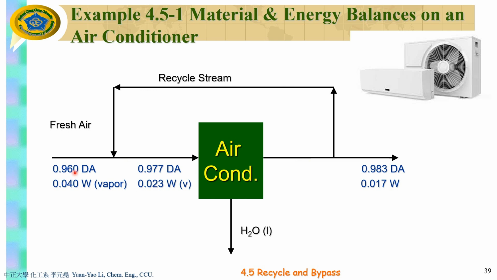So for example, if you want to convert the water from 4% to 1.7% without recycle, it might cost you, for example, 40,000 NT dollars, right? That means the air conditioner should be very good. But with a recycled stream, the concentration of water won't be that high, so you can reduce the price.